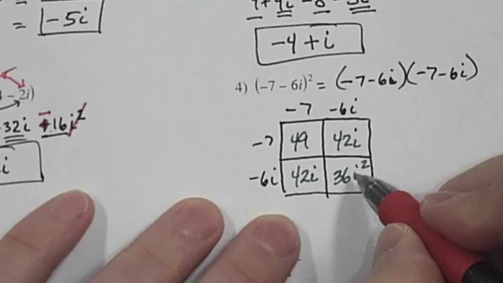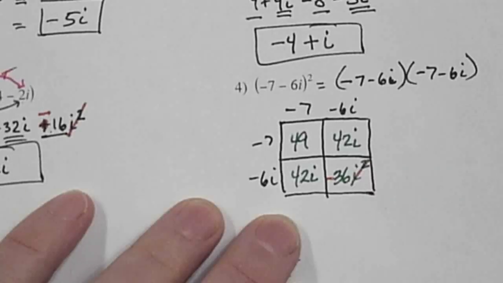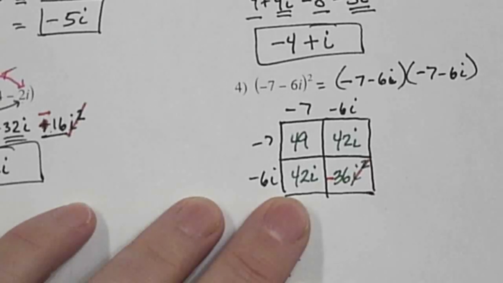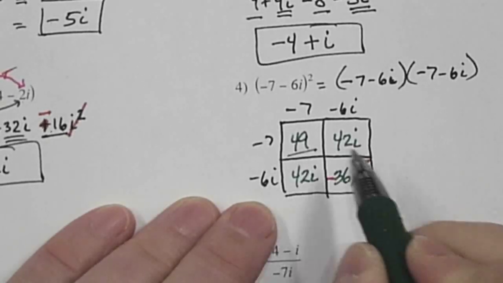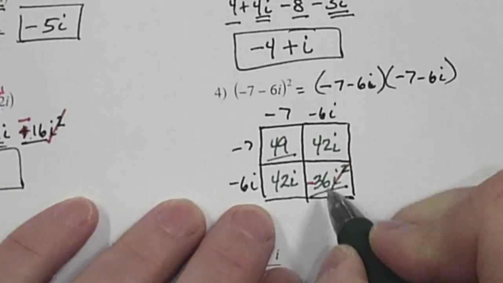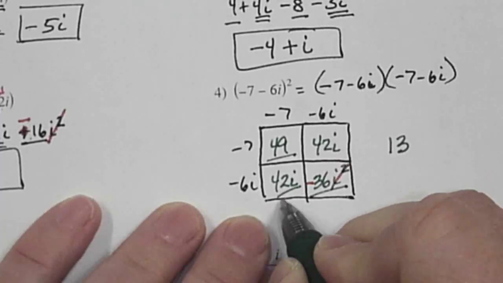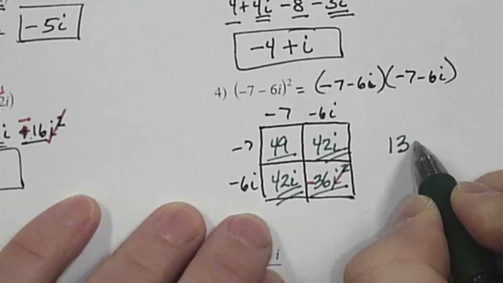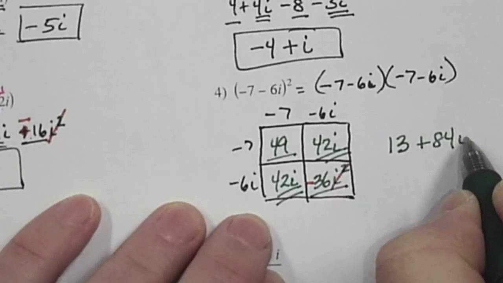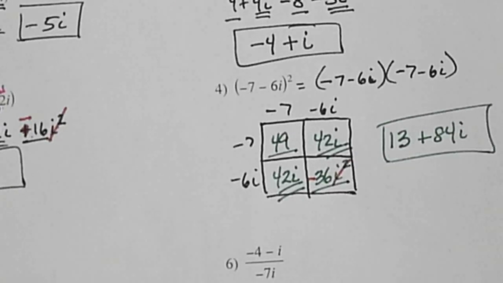But i squared is -1, so we can cross it out, and this becomes a -36. Now, 49 minus 36, those are going to be like terms. 49 minus 36 is 13. And then 42 and 42 make 84i. So if you would like to organize in a box, you're welcome to. If you'd like to distribute, you're welcome to.